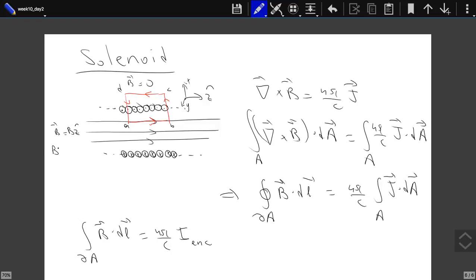In cylindrical coordinates, B can only be a function of s, the distance from the center, since I'm assuming a cylindrical current. It cannot depend on z, because I have translational symmetry. It cannot depend on phi, because I have rotational symmetry around the central axis. So the only thing I have is that it can depend on the radial position.